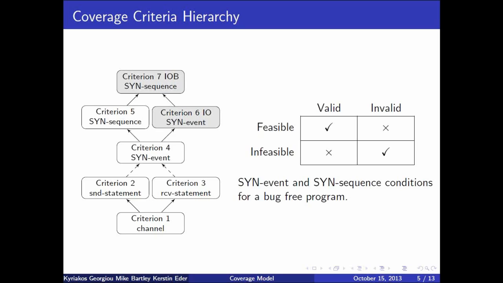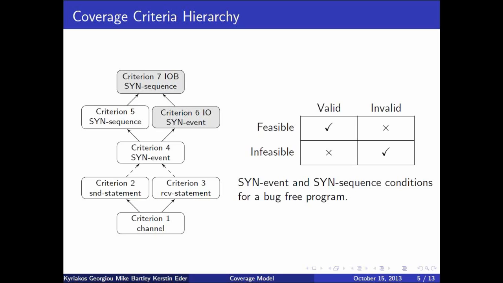Then you have criteria 5, which is a sequence of synchronization events in a particular order. Then you have criteria 6, which is in order seen events, which takes into consideration both reaching first in the execution the send statement or the receive statement. And then you have criteria 7, which is in order-based seen sequences, which takes into consideration the seen events in order.